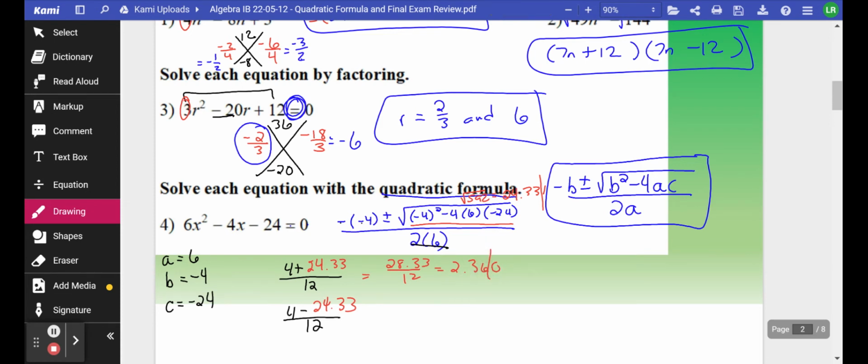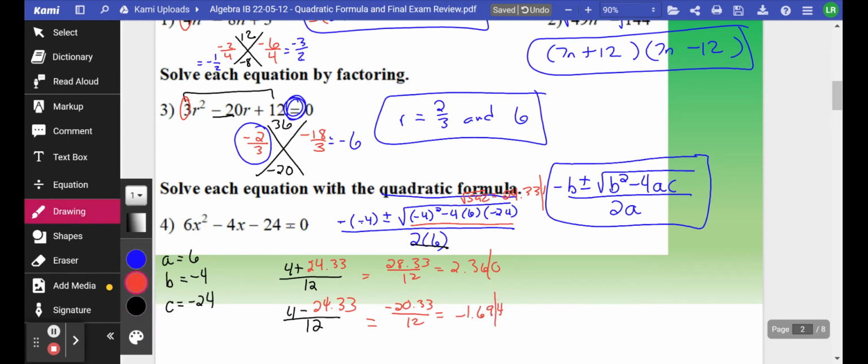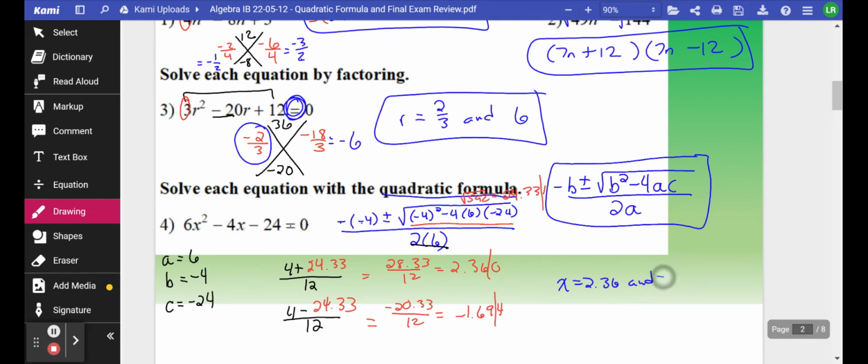And we are going to round in a second. 4 minus 24.33 is -20.33 divided by 12, and I get -1.694. We're going to round that in a second. So our solutions for this one: x equals 2.36 and -1.69.